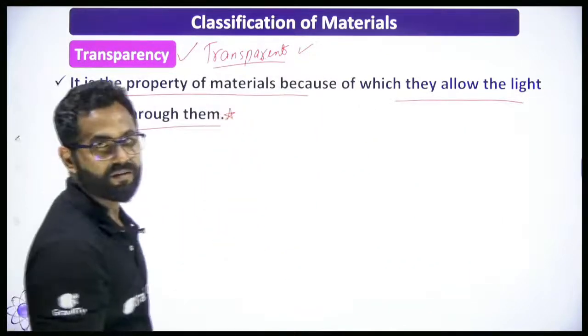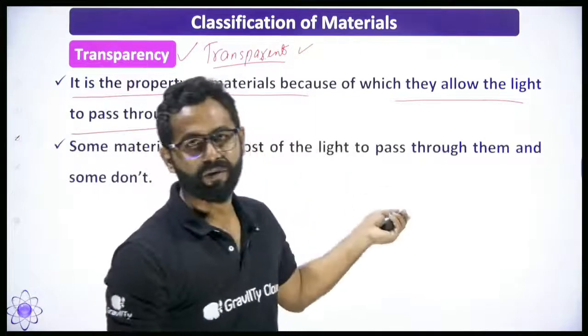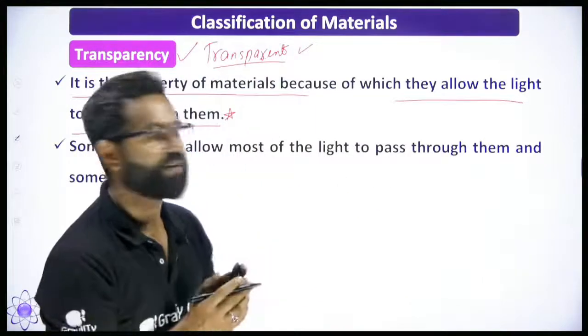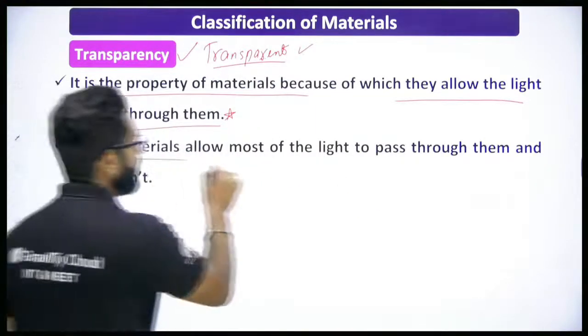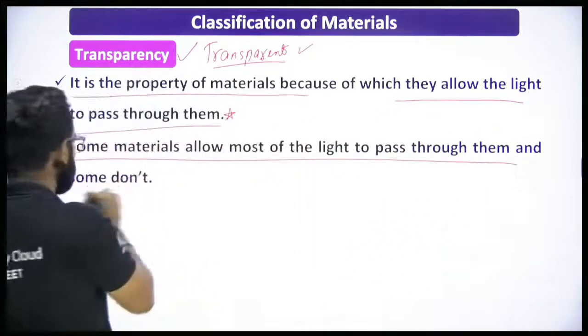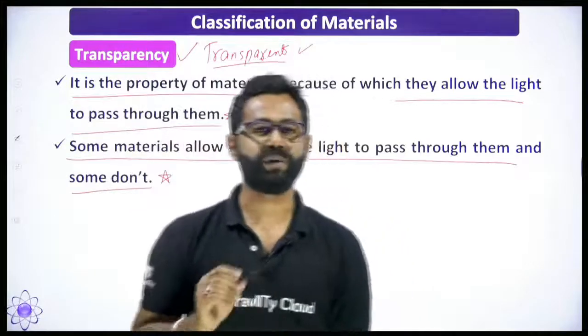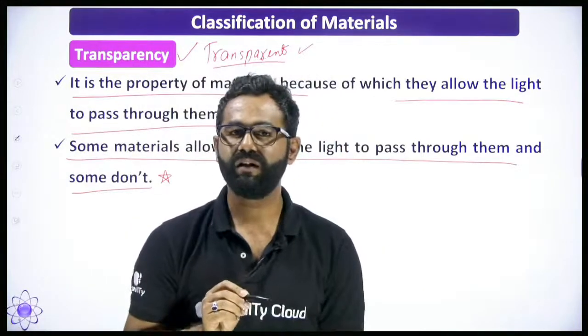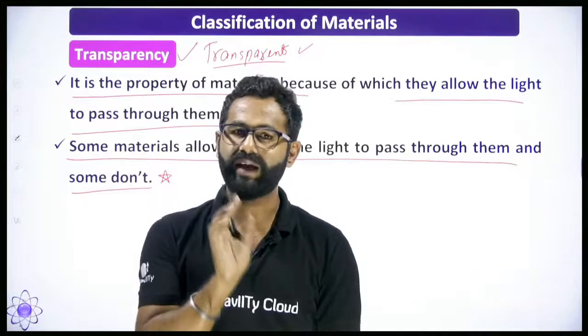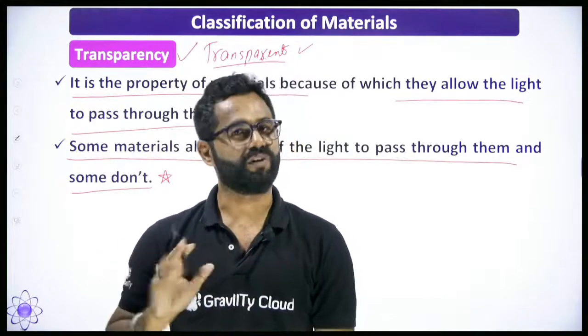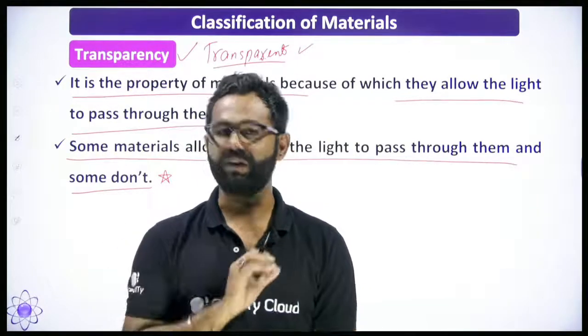Simple. Right. Now if I take the example, what does that mean? That means that some materials, they allow most of the light to pass through them and some don't. So some will allow it, some will not allow it.